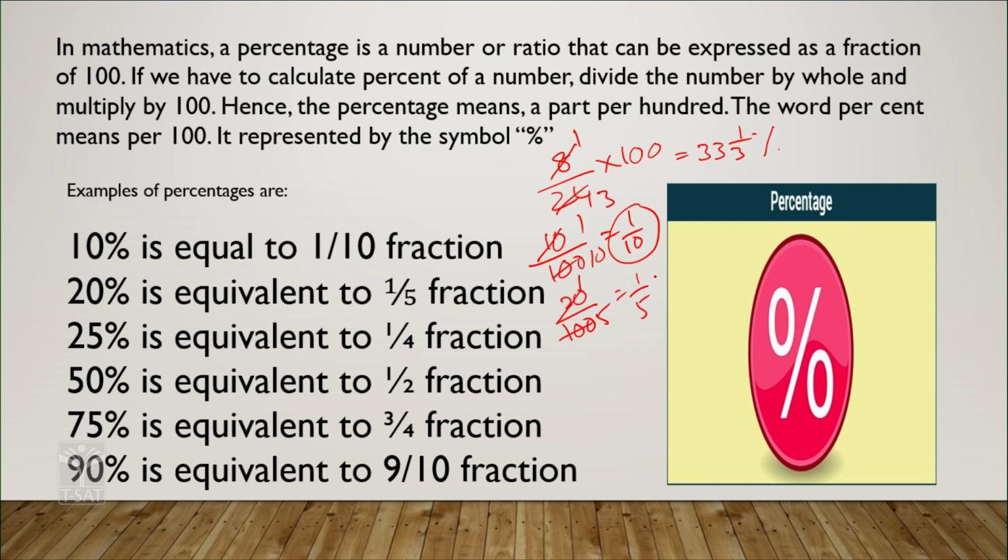So it is 1 by 5. 25% is equivalent to 1 by 4. And 50% is equal to how much? 50% means simply 50 by 100, 50 ones are 50, 50 twos are 100, which is 1 by 2. 75% is equivalent to 75 by 100, which is 3 by 4, 25 threes are 75, 25 fours are 100. If it is 90%, then it is equivalent to 9 by 10 fraction.